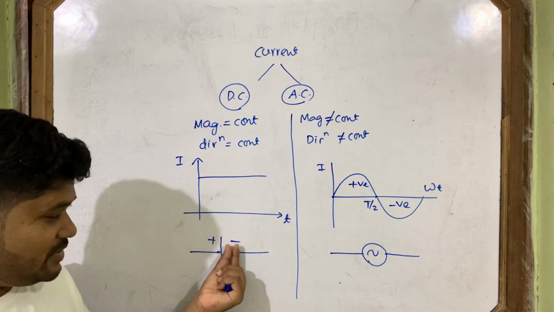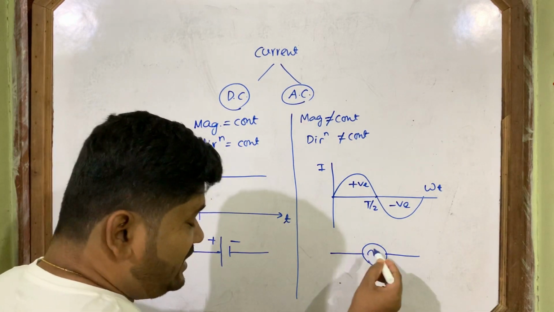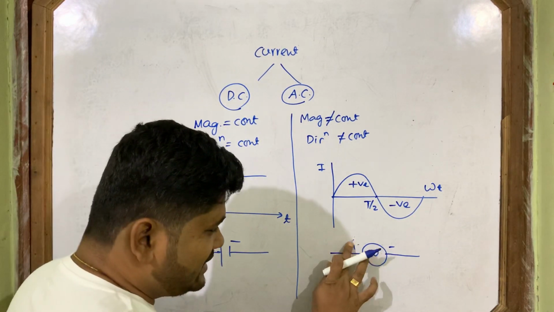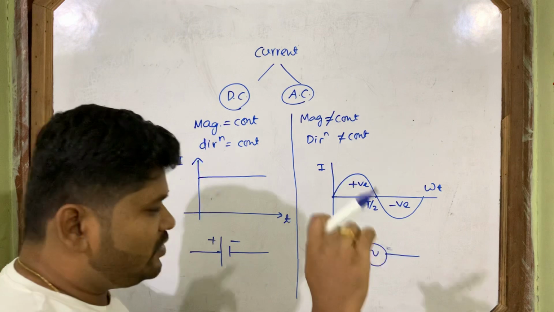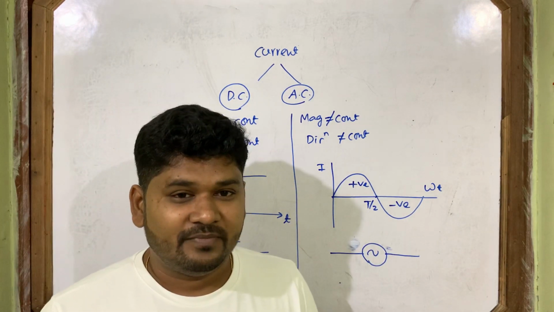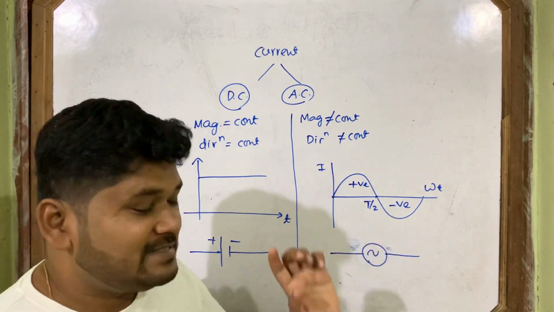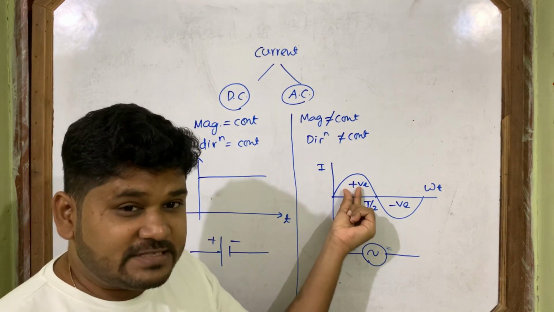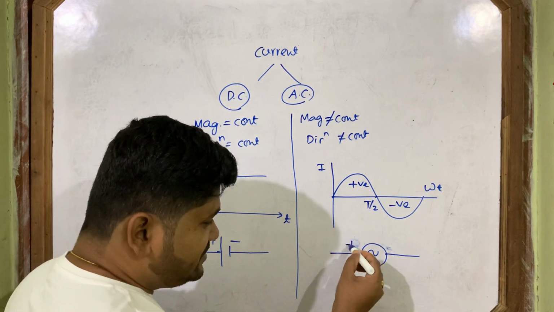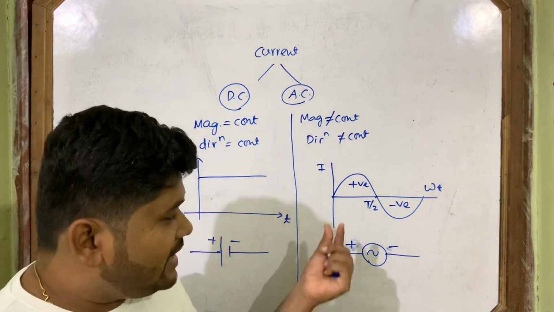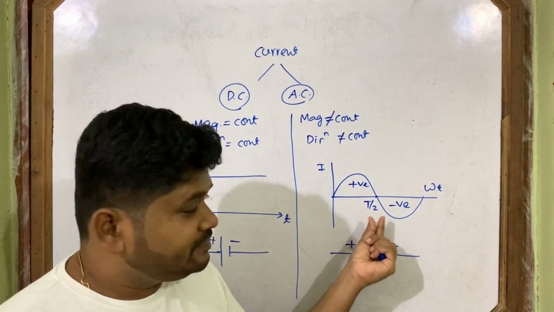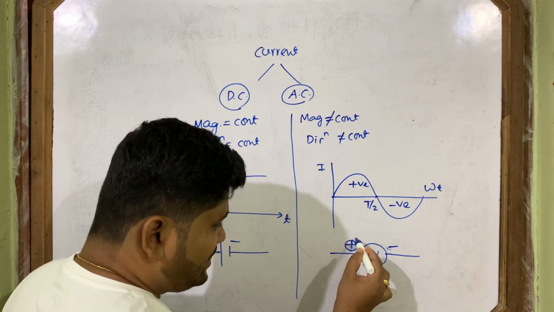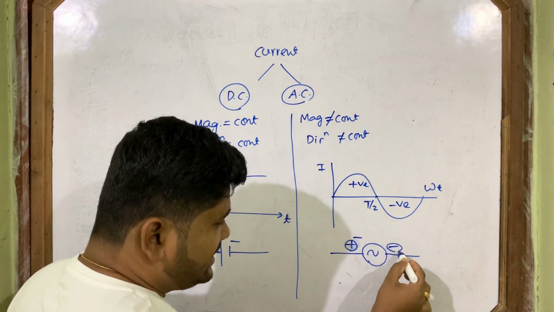Here I can write positive and negative, but in the AC source I cannot write positive and negative. This is wrong. Why? Because direction changes periodically. When this half cycle exists, if this side is positive and this side is negative, after time T by 2, when the negative half cycle passes, this positive becomes negative and this negative becomes positive.